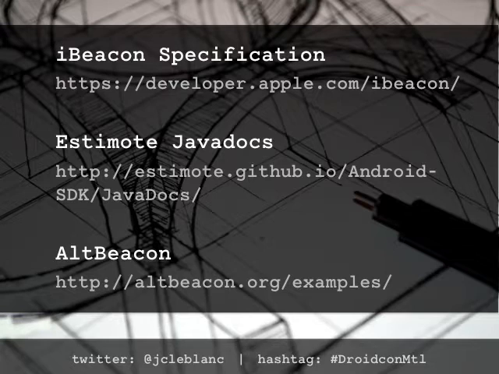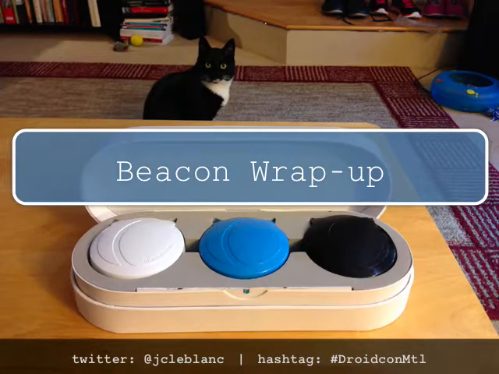The reason I'm mentioning this is because AltBeacon's SDK is kind of cool because you can use it with any beacon. So iBeacons, if you're working with Estimotes, Gimbal tags, anything, this is the best one to use as opposed to using the SDK of that particular beacon.